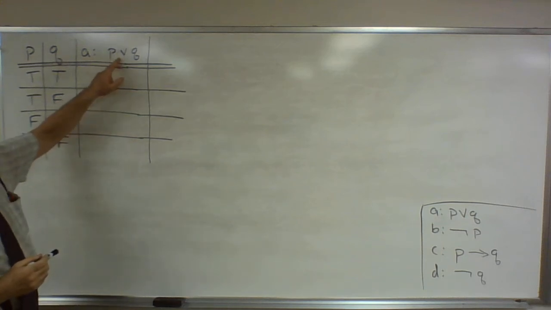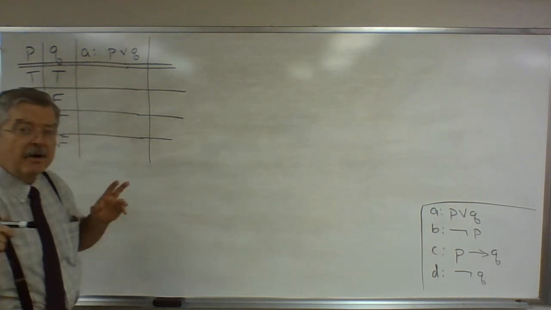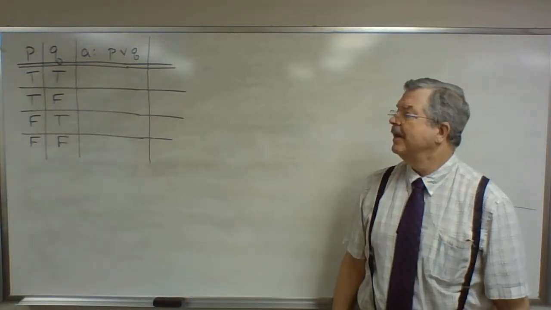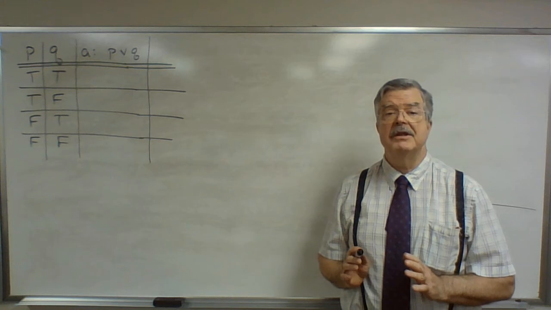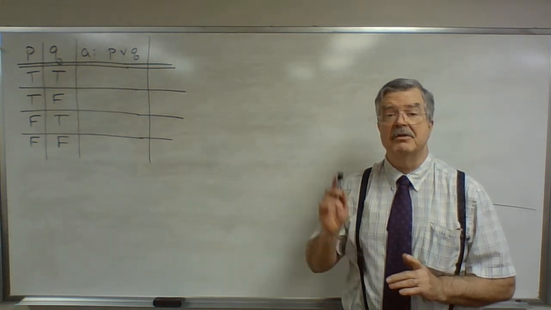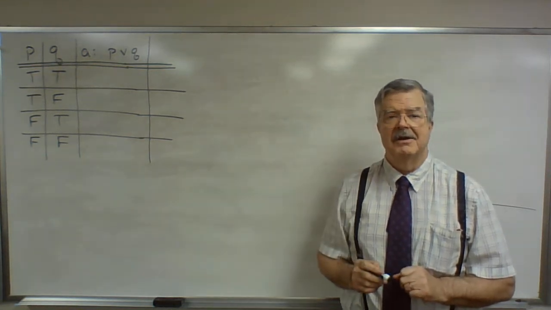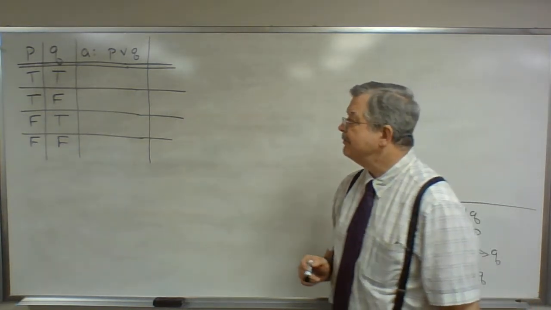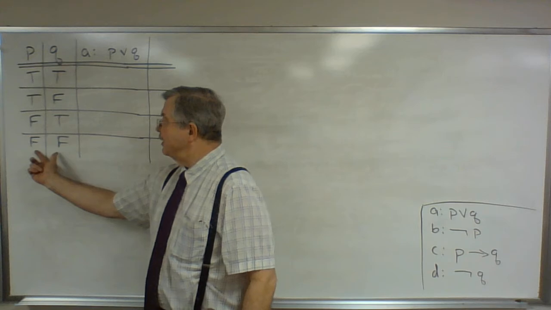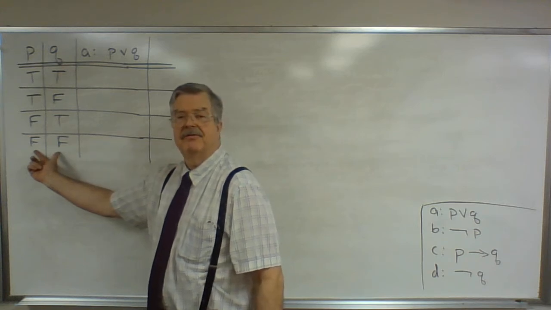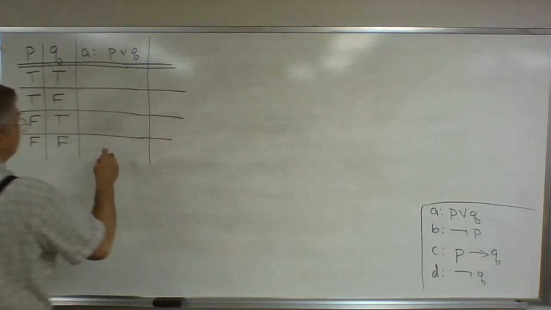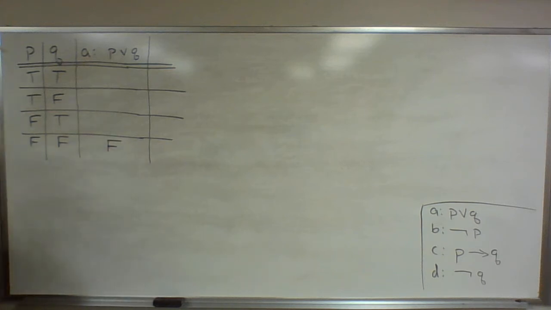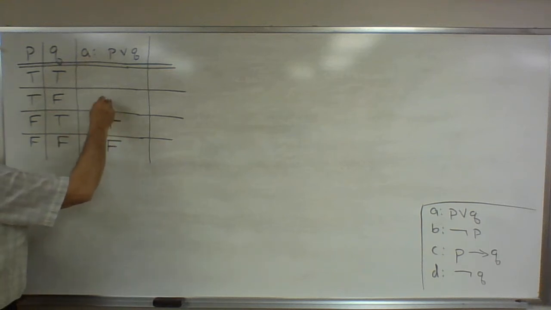This is a disjunction or an OR. What's the special case for an OR? An OR is only false when both statements that make it up are false. And that happens right here. P is false, Q is false. So this is the only time that P or Q is false. All the other times it's true.